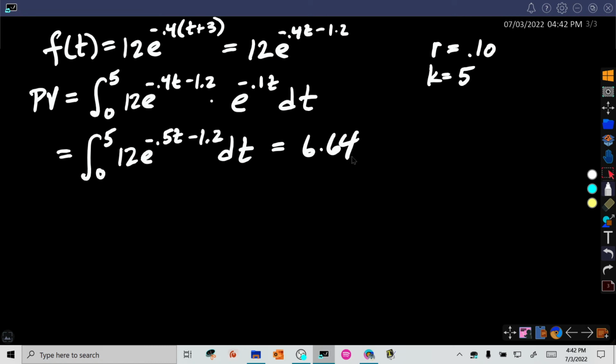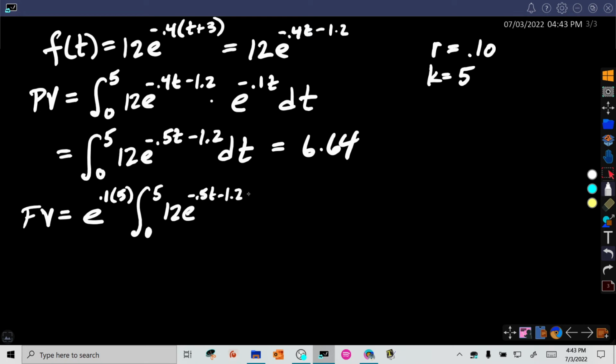All right. The future value, this one's a little different. So we have to multiply e to the R times K in front, and K is going to be 5 here. So this is going to be e to the 0.1 times 5, and then the integral of that exact same thing that we just had, 12e to the minus 0.5t minus 1.2.